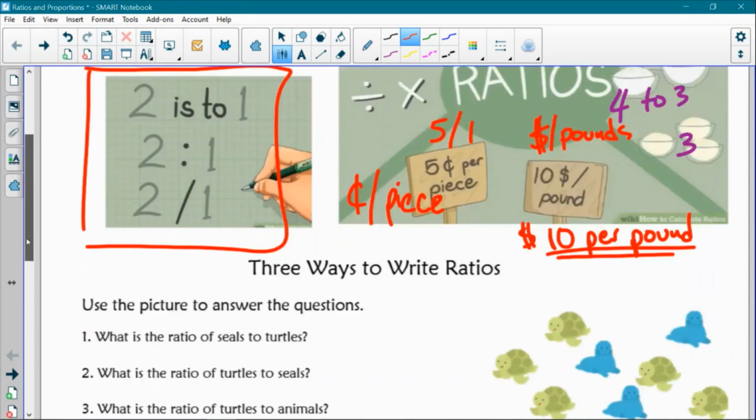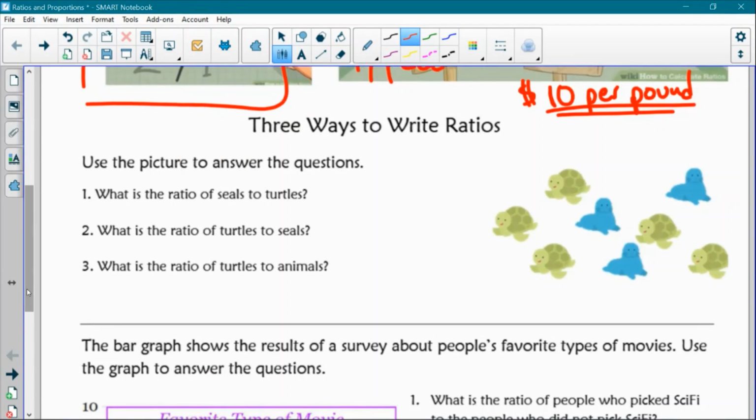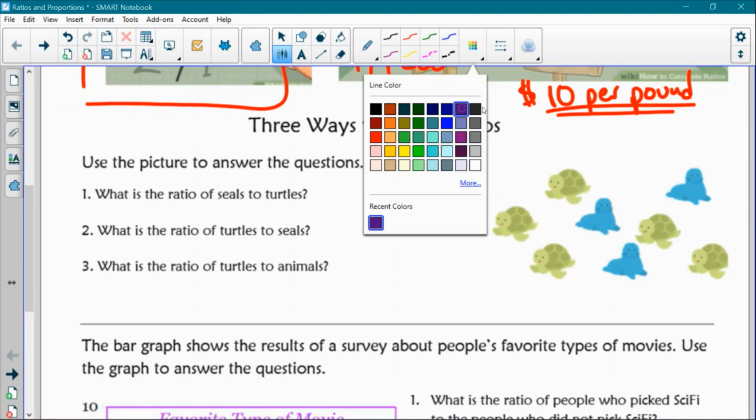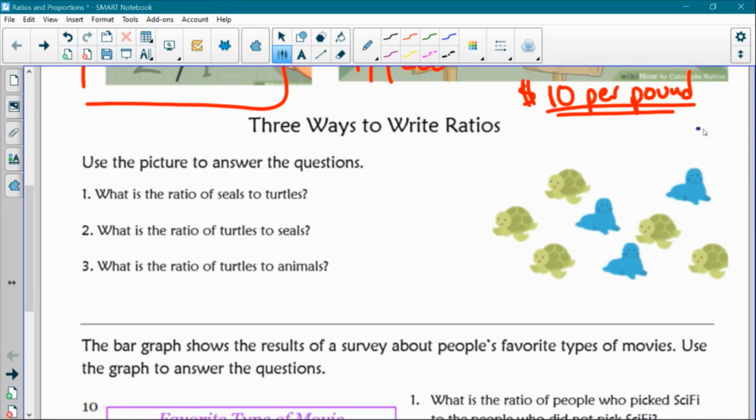So here I'm going to show how to write each of these ratios in a different way. So we're looking for the ratio of seals to turtles. There, 1, 2, oops, I guess I should have started with seals. 1, 2, 3. Sorry, the order actually is important. If it says seals to turtles, that's the order we want to write that ratio in, because you can see the next question is the exact opposite, turtles to seals.